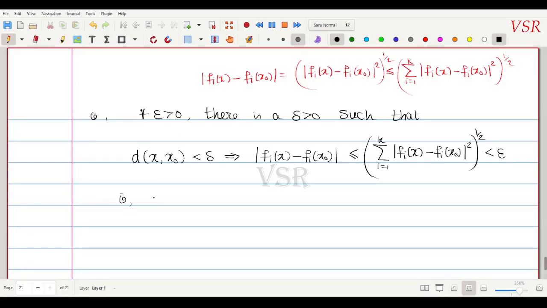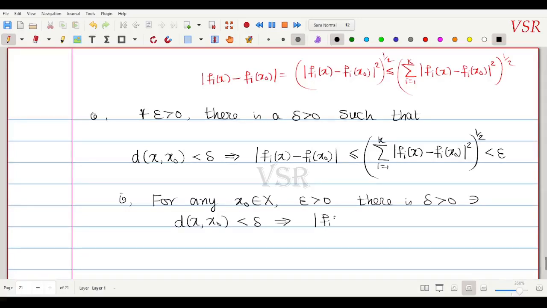For any x naught belonging to capital X, for any epsilon positive, there is a delta positive such that whenever the distance between x comma x naught is less than delta, this implies that modulus of fi of x minus fi of x naught is less than epsilon. Of course, fix i belonging to 1, 2, to k. Only after fixing this do you do all the other work.